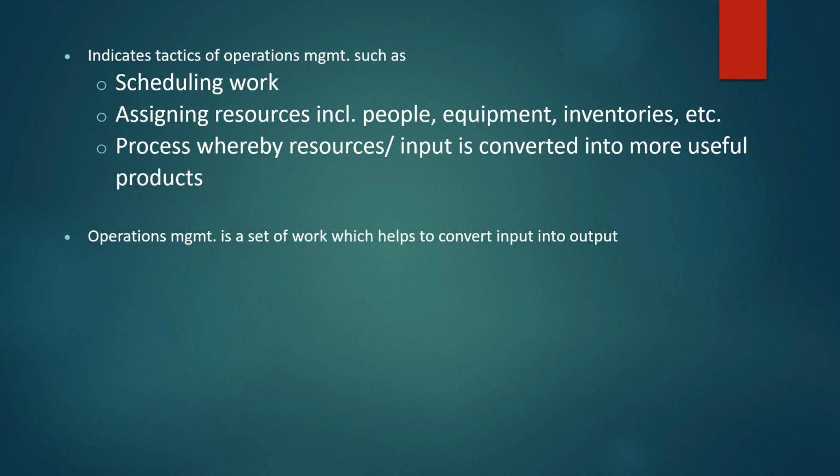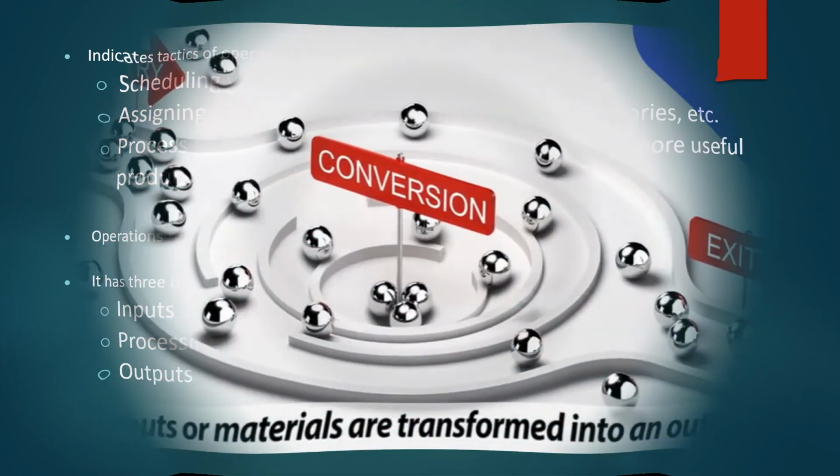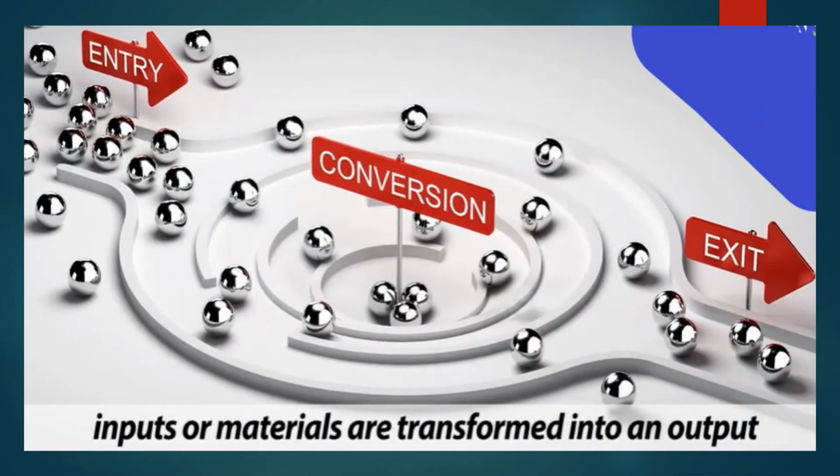Operations management is a set of work which helps to convert input into output. So it has three basic elements: input, processing, and outputs, where input or the materials are transformed into an output material.